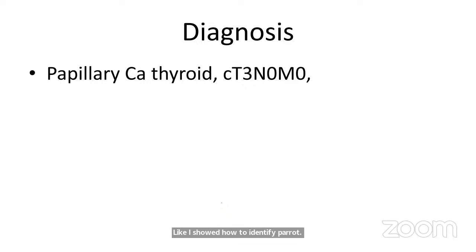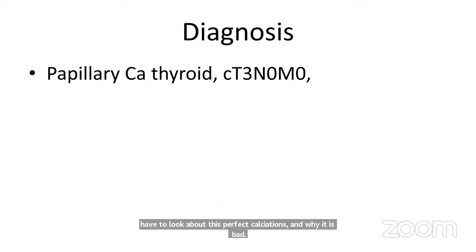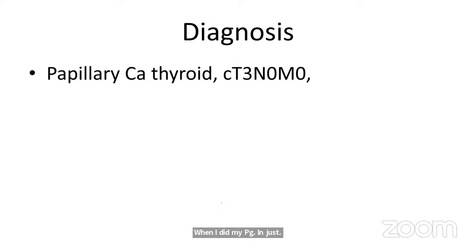When I did my PG in JIPMER, during my MS, I have seen many young children who were operated for thyroid in the 80s and 90s. They all came back with lens calcification because of the ectopic calcium that we used to provide them. And in those days, there was no hormonal therapy. So you've got to be very careful about these ectopic calcifications. It can cause pancreatitis, it can cause lens problems and all that.